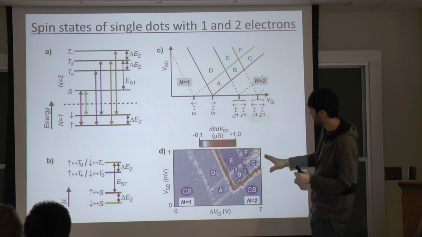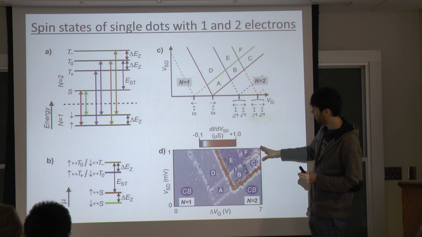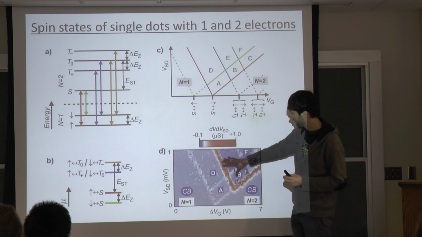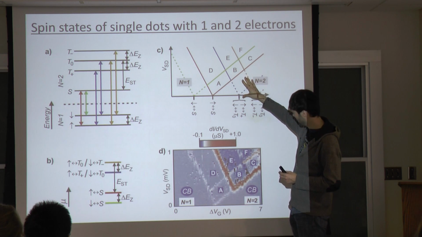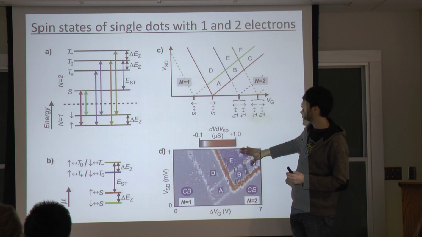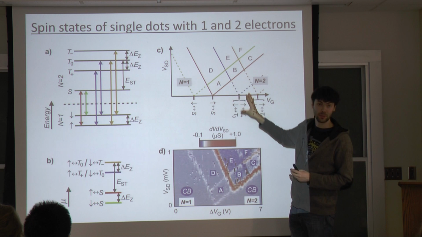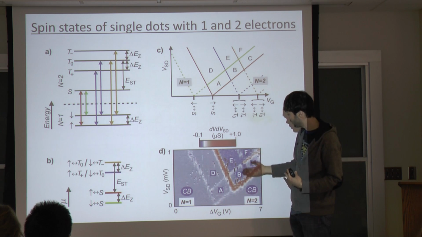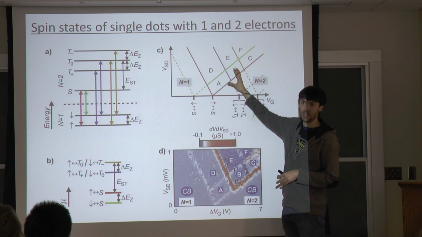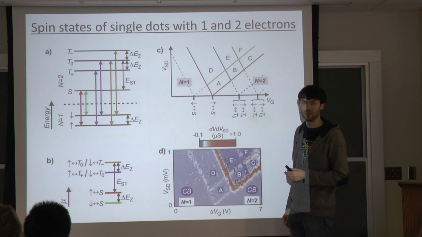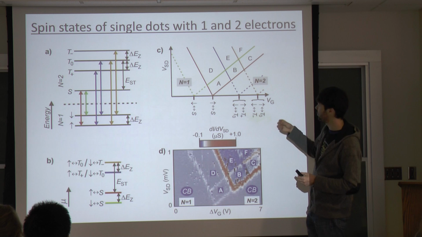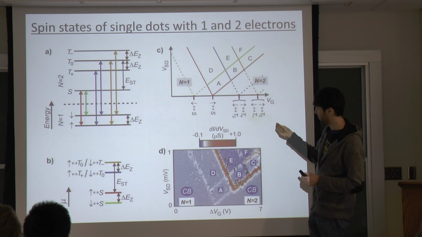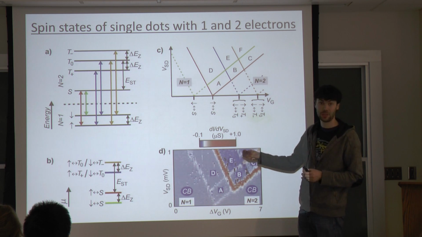OK. So I want to spend a little bit of time with this diagram. So you have data and schematics of the levels. And the point is, for this particular data set, there is a very good match. They tuned the quantum dots so nicely that you can see the textbook level correspondence in this data. And the different regions correspond to transitions from states with 1 electron to states with 2 electrons.